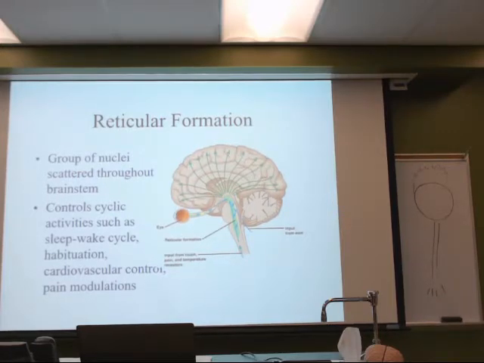So as they're located throughout the brainstem, we have this formation called the reticular formation. Ever heard of it? It's kind of weird, all right?